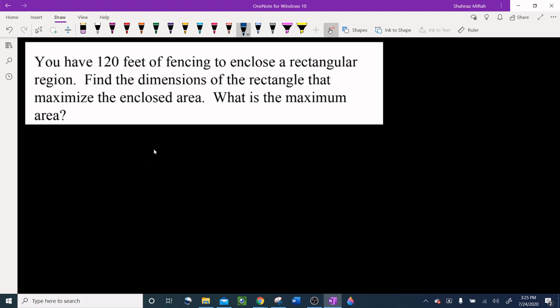In this case, the first step is to decide what must be maximized or minimized.